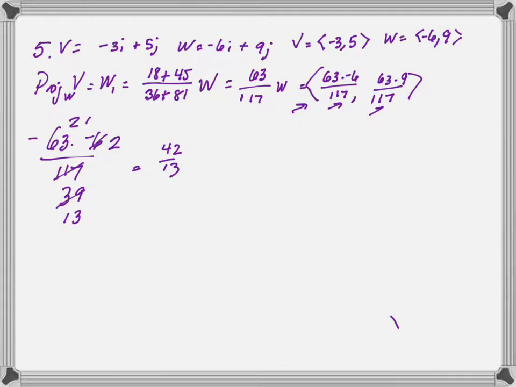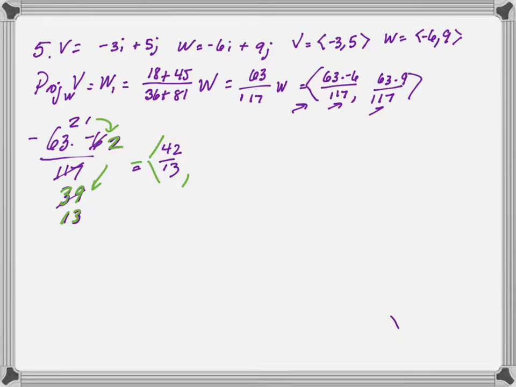So 6 divided by 3 is 2, and 117 divided by 3 is 39. So I was at 39 and 2, and then I saw 3 also goes into 39 and 63. So that would be 13, and 63 divided by 3 is 21. So you get 21 times 2 over 13. So that's 42 over 13. So that would be the first part.